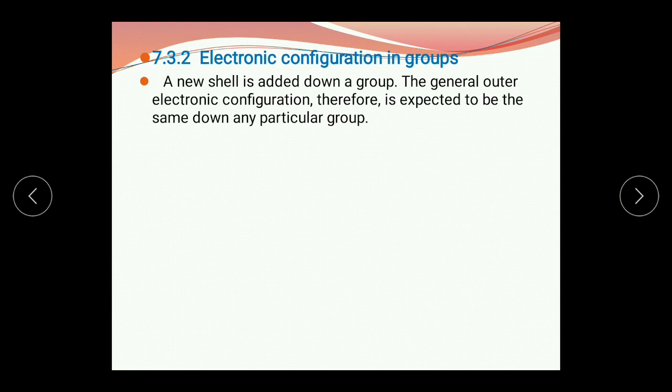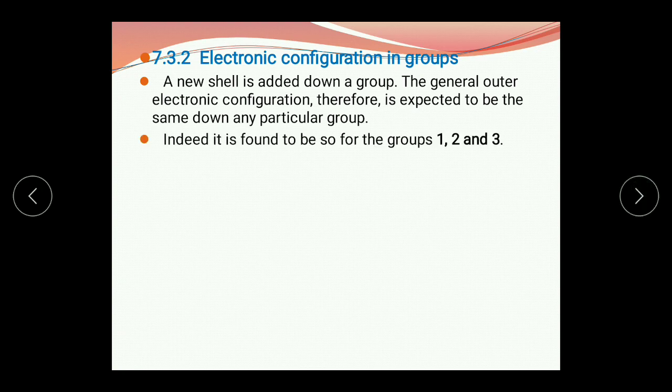We are now going to consider the groups. If we take one group, that is group number 1, there are 7 periods, that means there are 7 elements. As we move down the group, every time you will see that a new shell is added.